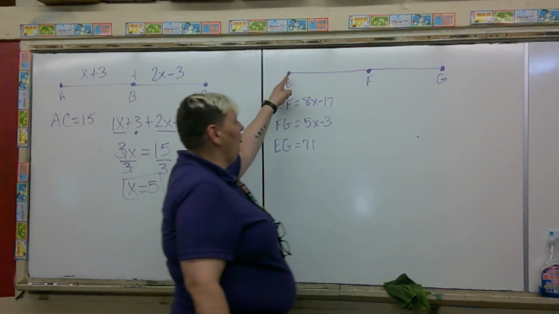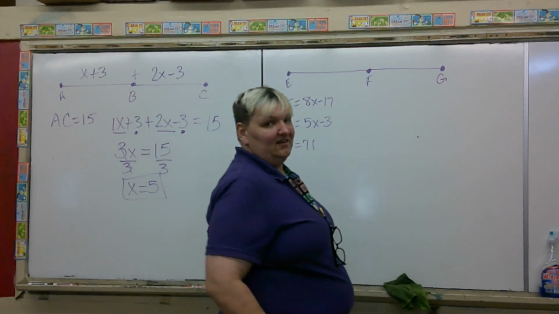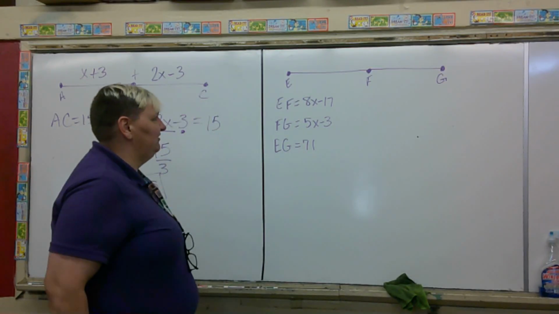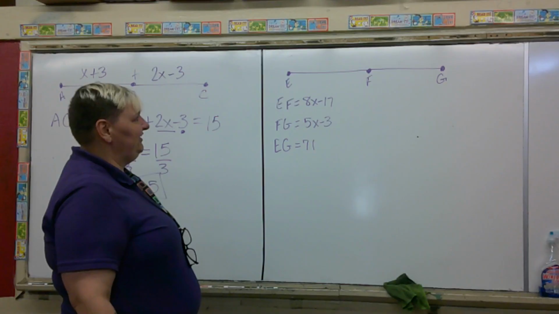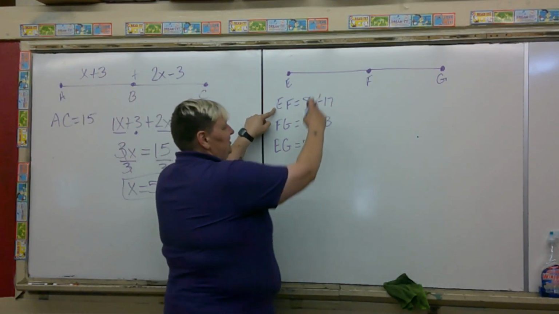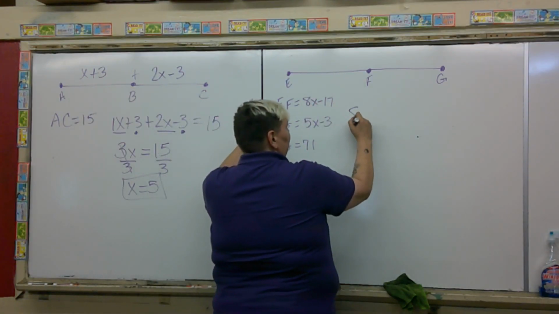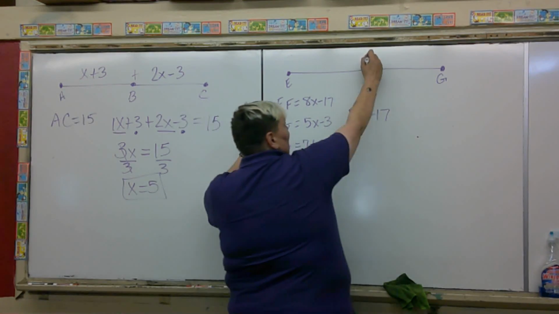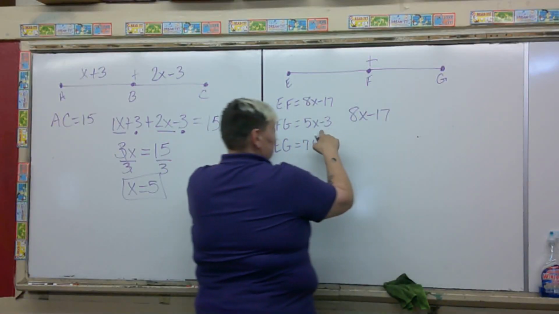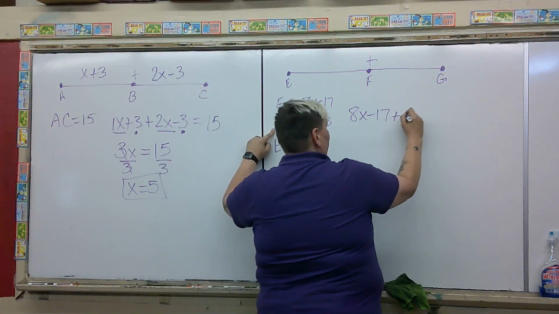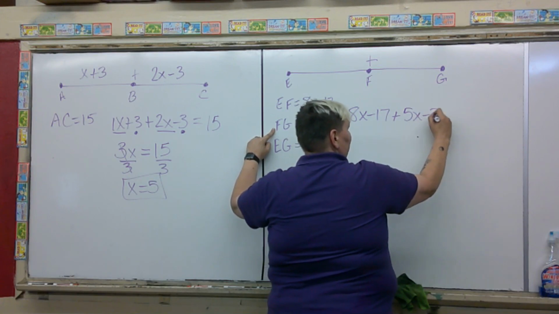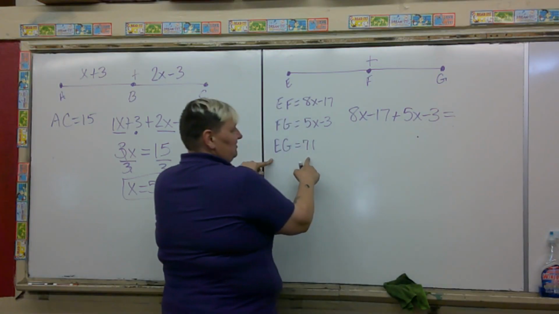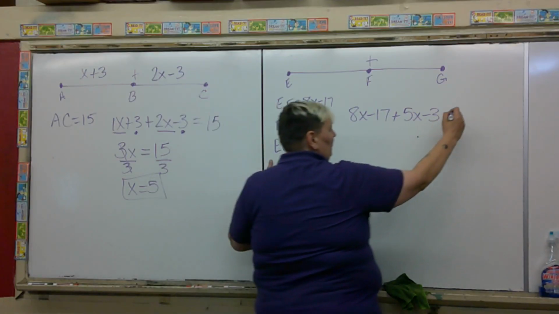That means the total distance is 71. All you have to do is put it into the equation. This piece, 8x minus 17, plus this piece, 5x minus 3, equals the total, 71.